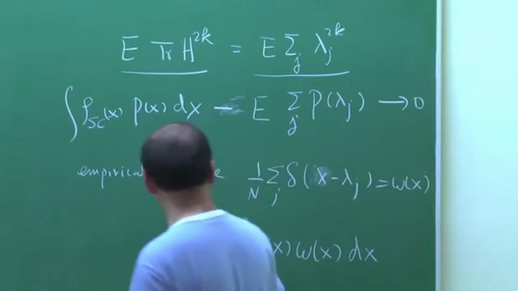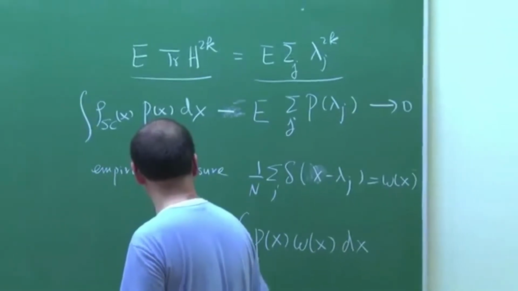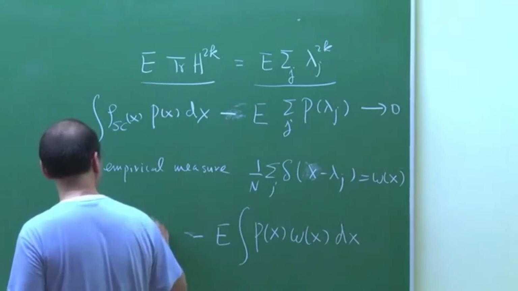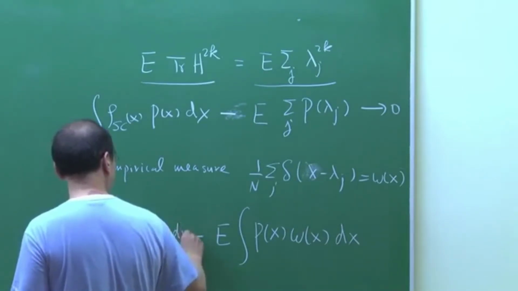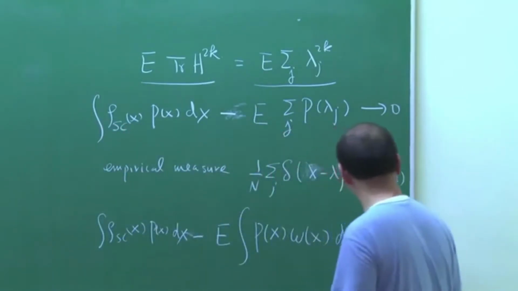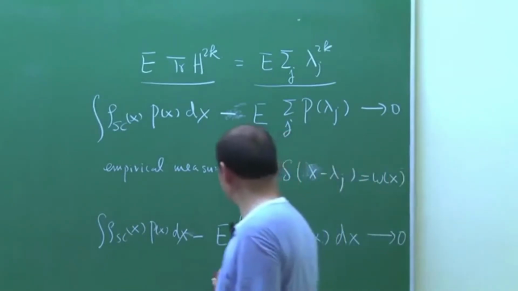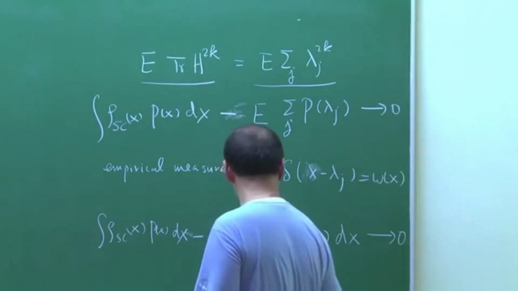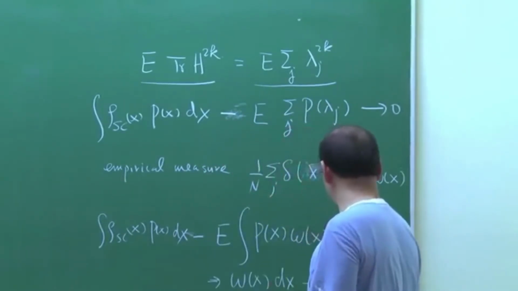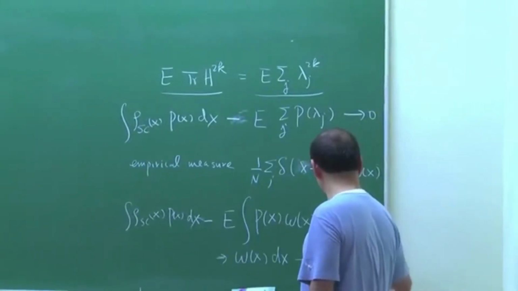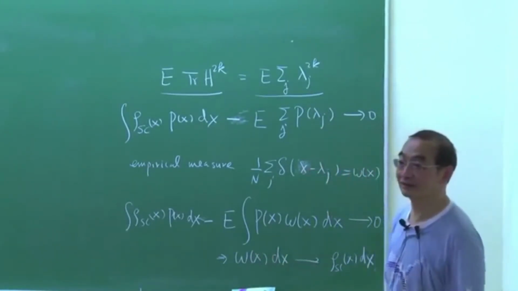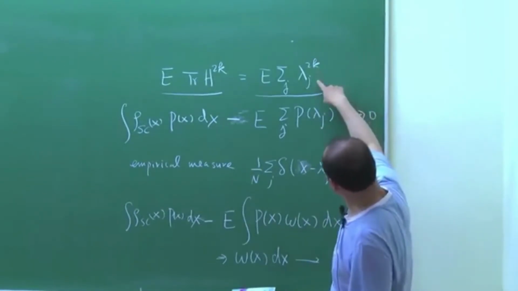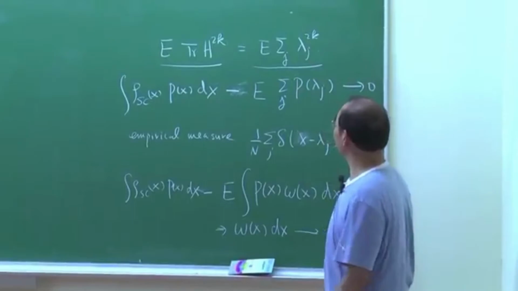Taking expectation, this minus the semicircle of x, p of x dx is equal to 0. So this implies that omega of x dx will converge to the semicircle of x dx.